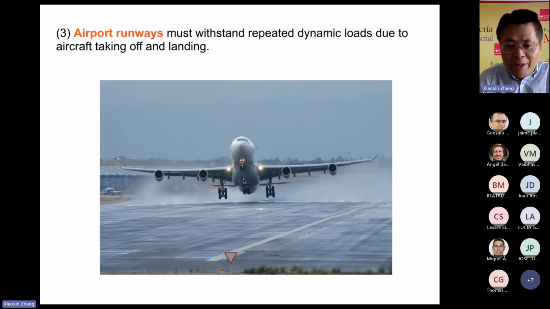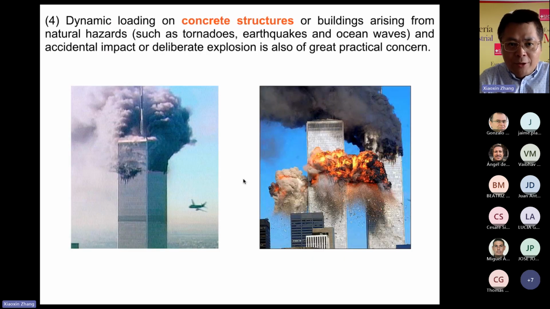Airport runways must withstand repeated dynamic loads due to aircraft taking off and landing. I think everyone knows these structures. Dynamic loading on concrete structures, like a plane impact, earthquakes, and ocean waves, is also of interest. So this is why we need to study the dynamic behavior of concrete and concrete structures.